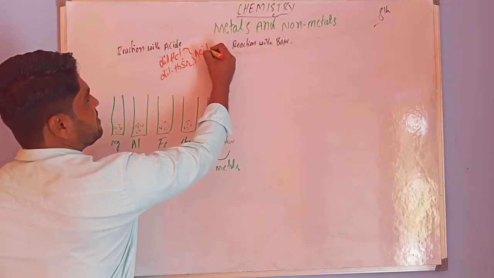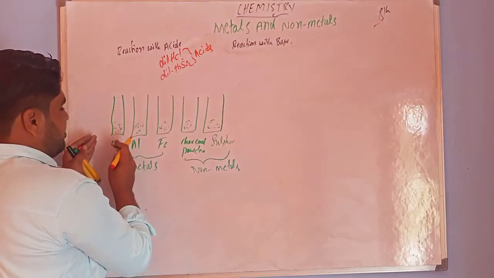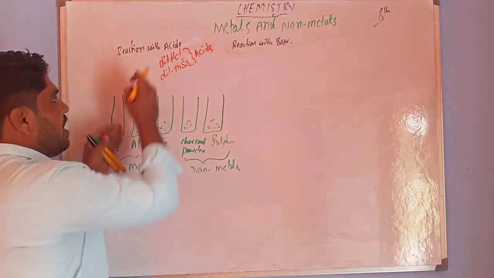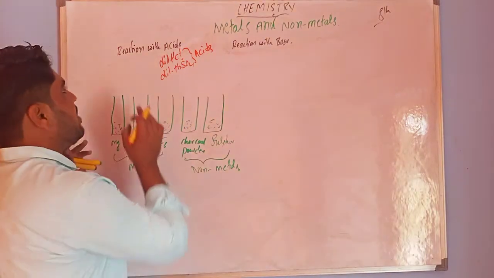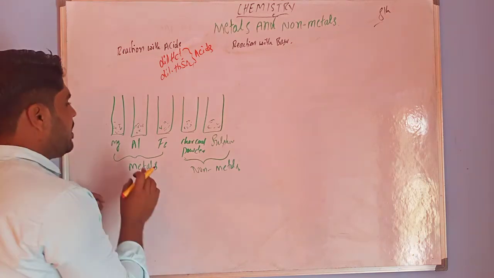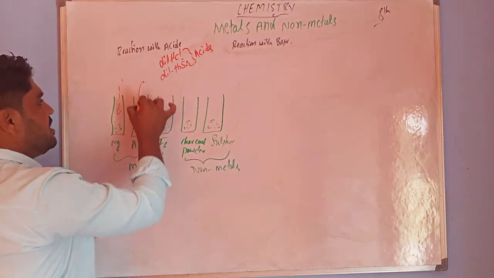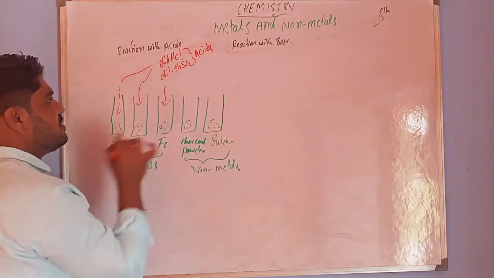When dilute HCl reacts with magnesium, or with aluminium, or with iron, what happens? This is what we study under the reaction with acids. So for these test tubes, I am adding dilute HCl.